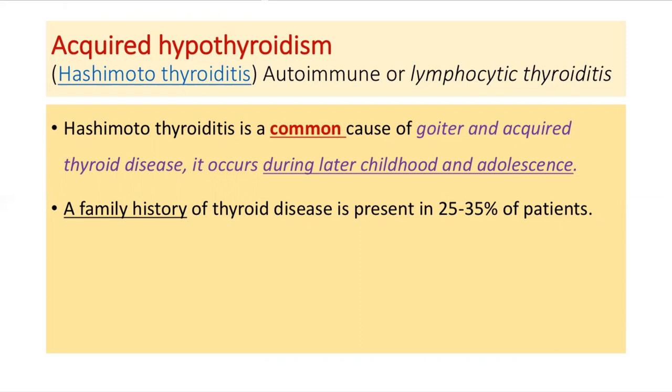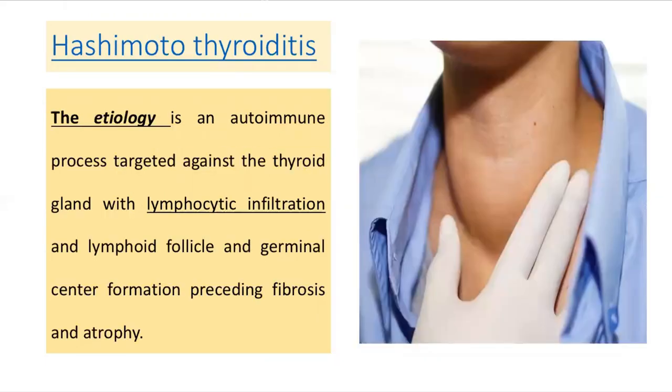Hashimoto thyroiditis is also an autoimmune disease. يبقى Hashimoto thyroiditis is an autoimmune process targeted against the thyroid gland with lymphocytic infiltration and lymphoid follicle and germinal center formation preceding fibrosis and atrophy. عشان كده ساعات بيبتدي بهايبرثايرويدزم أو euthyroid وبعد كده eventually بيبقى في hypothyroidism.